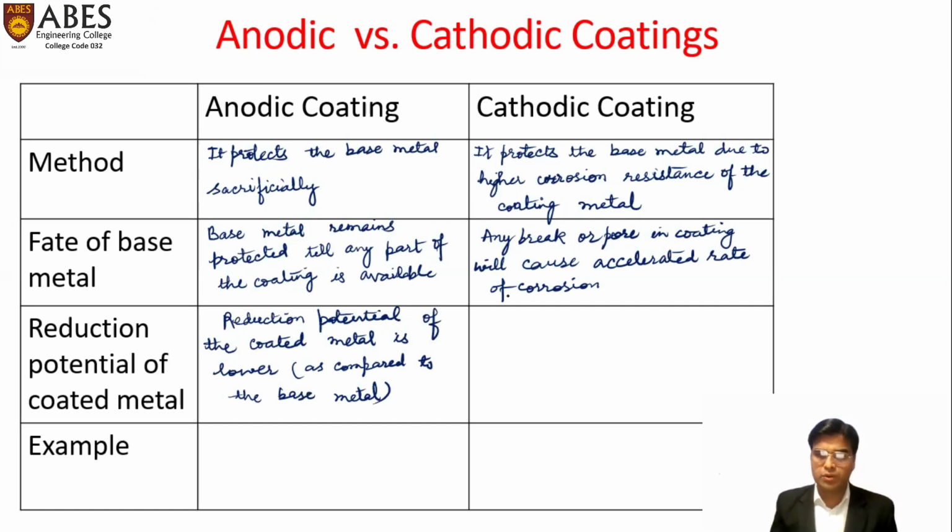In case of cathodic coating, the reduction potential of the coated metal is higher than that of the base metal.